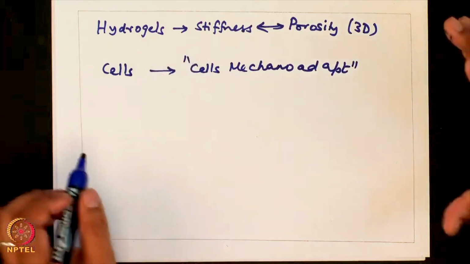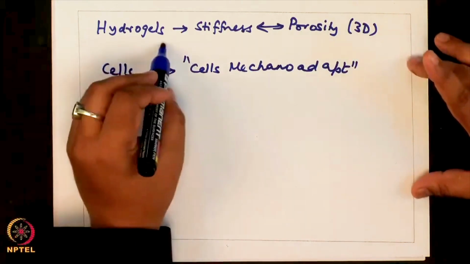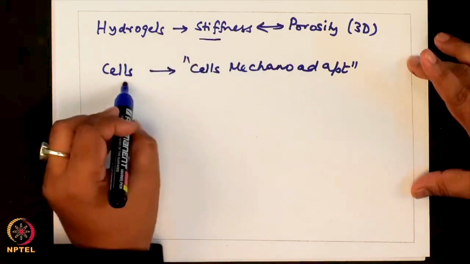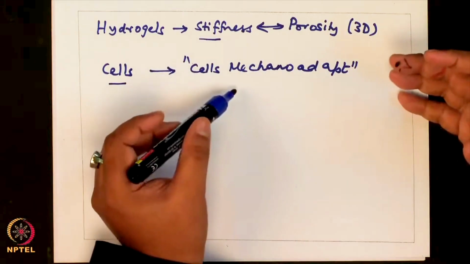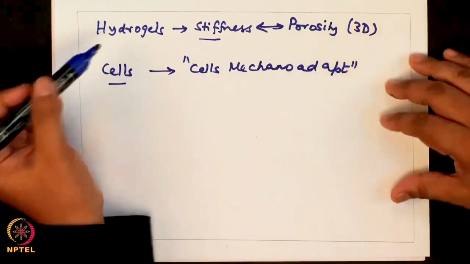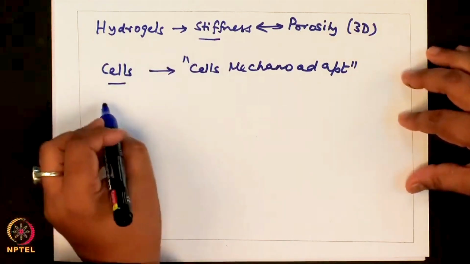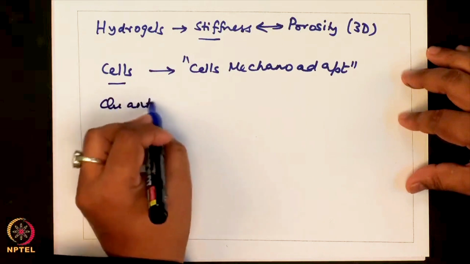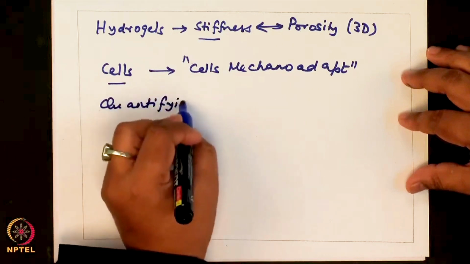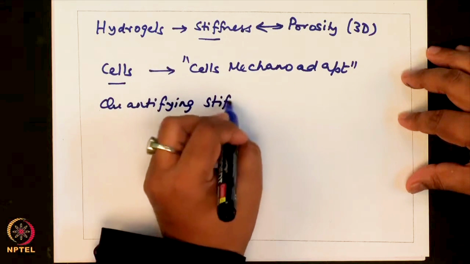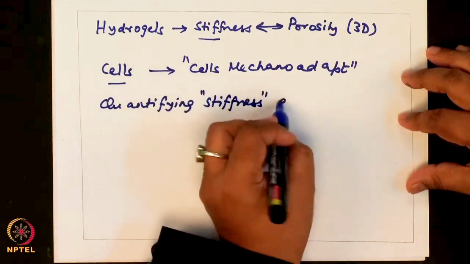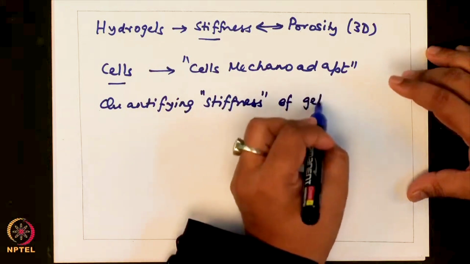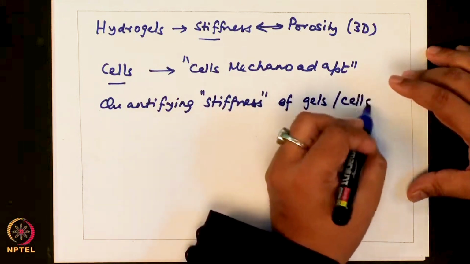And to either measure the properties of the hydrogel, that is stiffness, or the cell stiffness as an attribute of cell mechanoadaptation or the bulk properties of the gel, we have to find a way of quantifying stiffness, okay, of gels or cells.